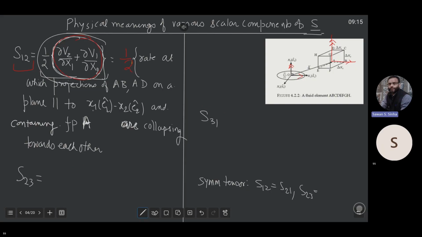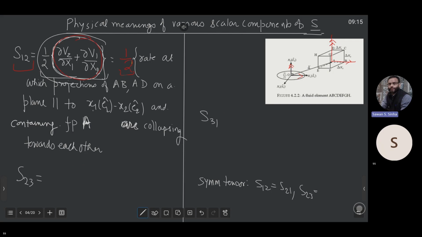Does it have a physical meaning? It still has a physical meaning, but you have to keep that factor half there. Why is that factor half coming in the strain rate component definition? Because it's the symmetric part of the velocity gradient. The 1/2 comes from there. But this thing has a physical meaning, and I just need to put a half there.